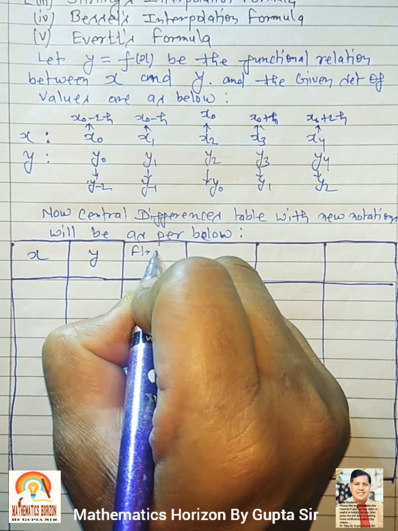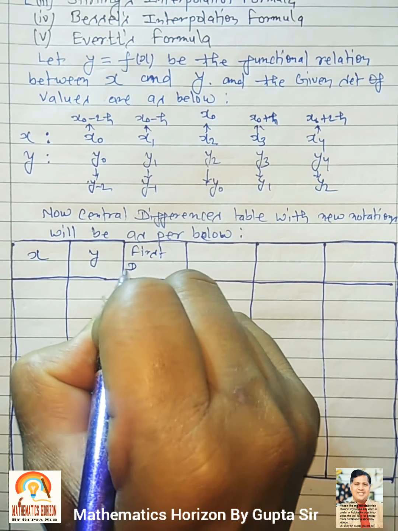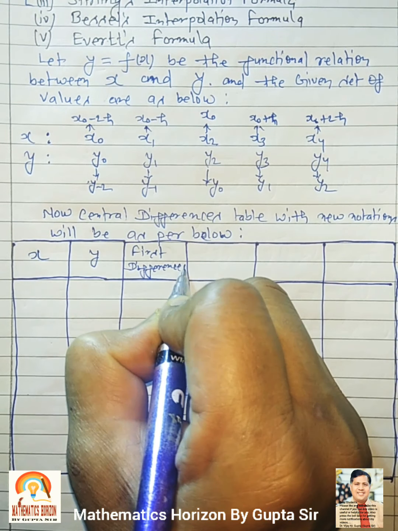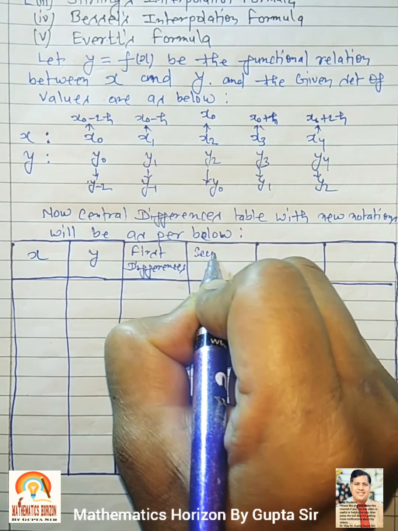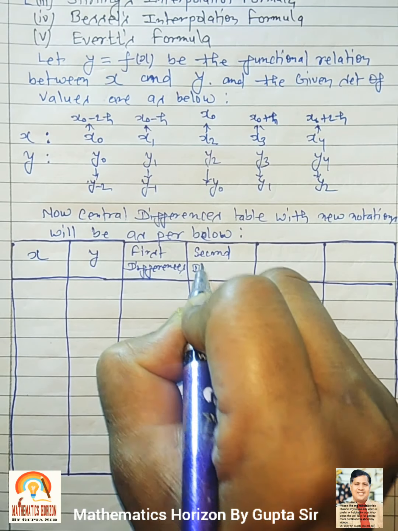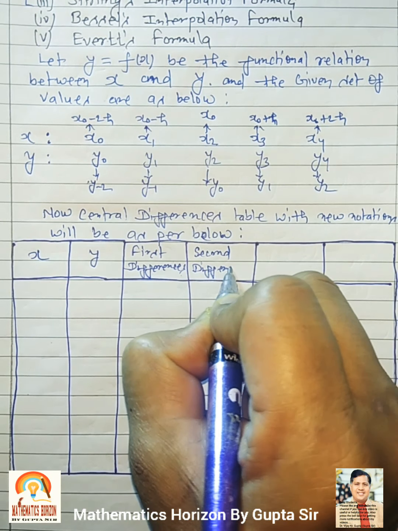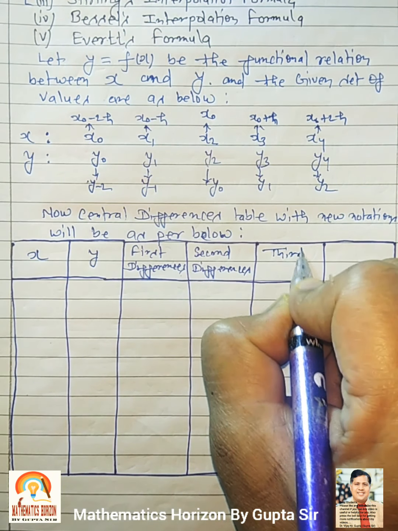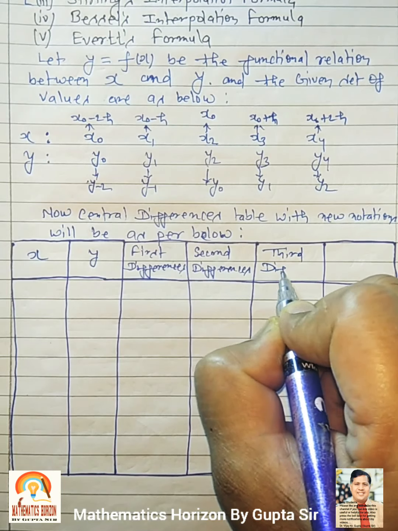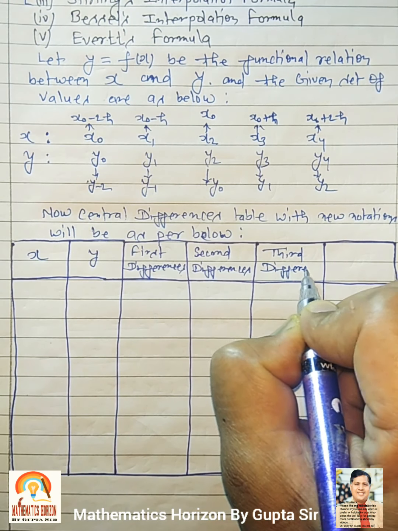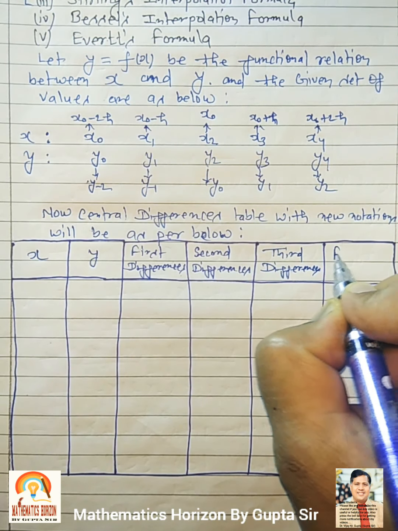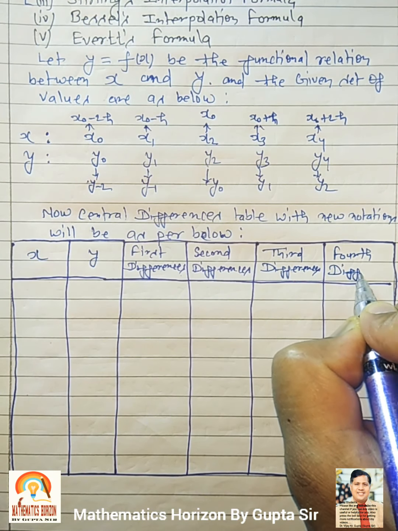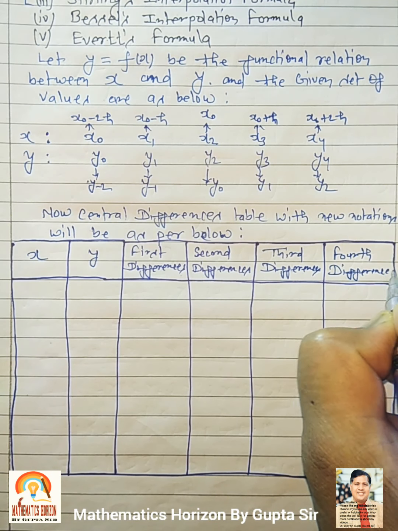We can write here first differences, second differences, third differences, fourth differences.